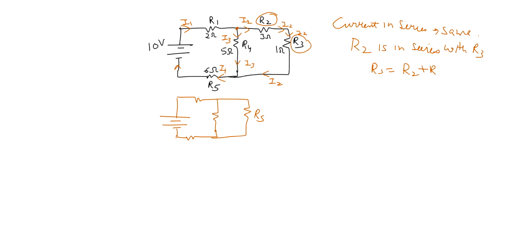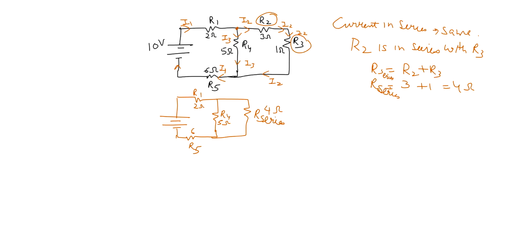R2 is 3 ohms plus 1, that gives me 4. So R series is 4 ohm. This resistor is R4, that is 5 ohm. This is R1, that is 2. This is R5, that is 6 ohm.